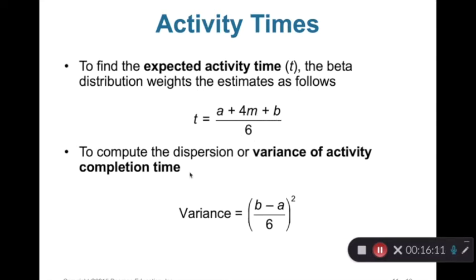And then you can calculate the variance of activity completion time. Variance equals ((B minus A) divided by 6) squared. So you should be careful here. You should calculate B minus A divided by 6 first, and then square. You should pay more attention to the parentheses right there.